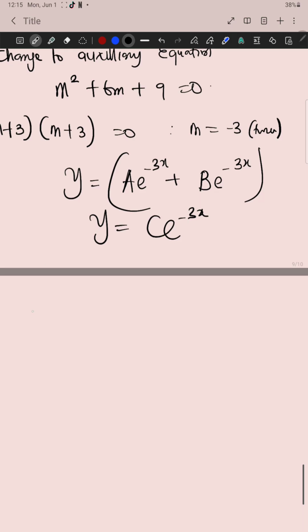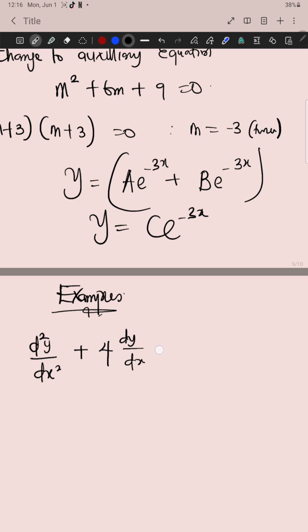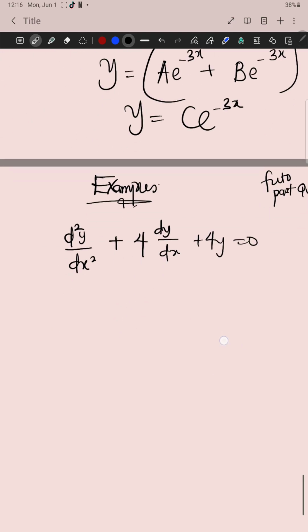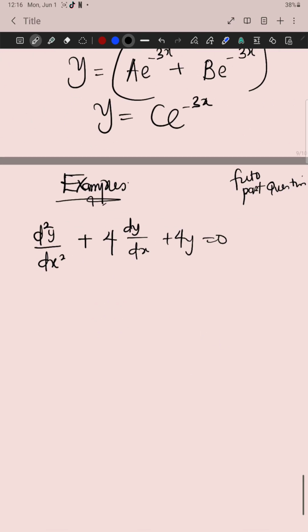Let me write the example. If we have d squared y over dx squared plus 4 dy over dx plus 4y is equal to 0, this is a past question.